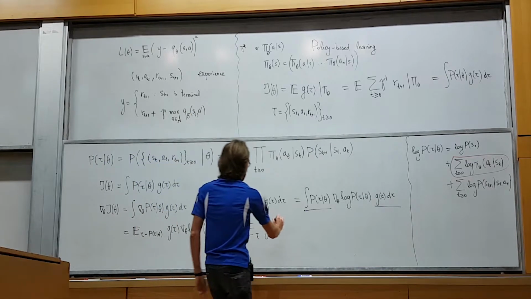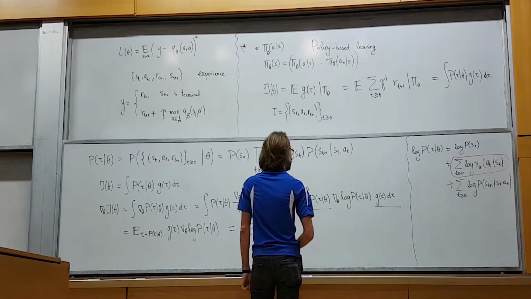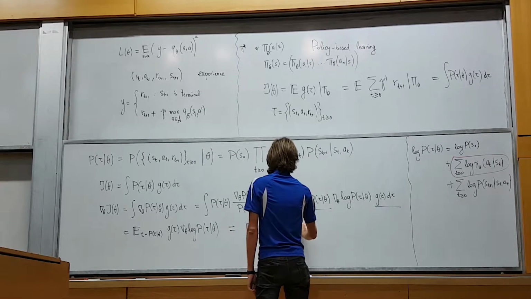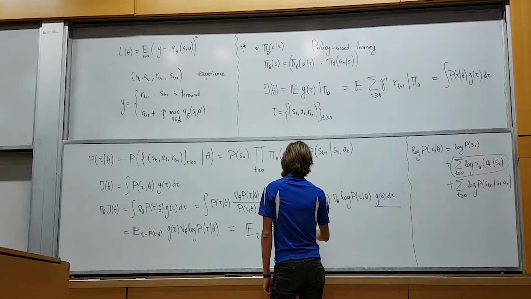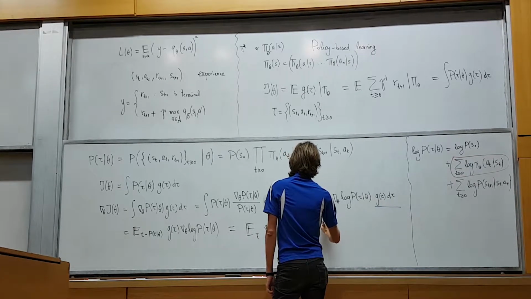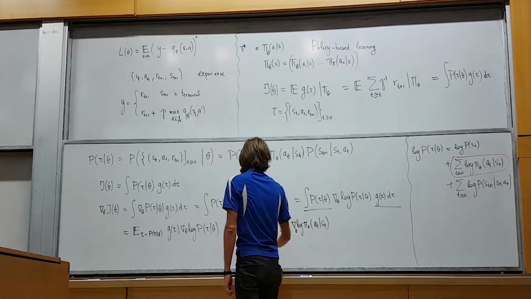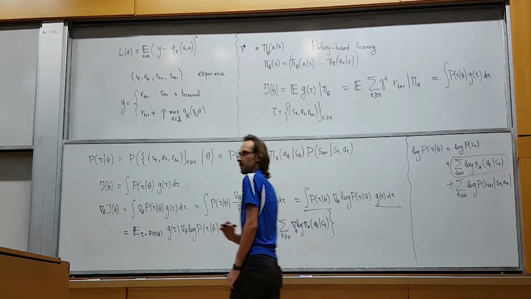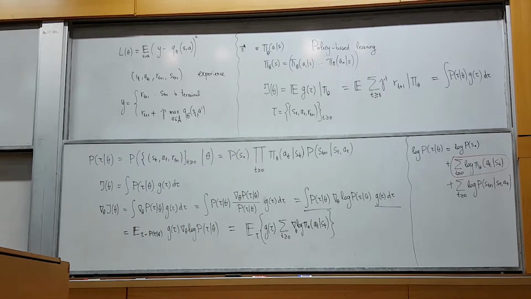The sum over t greater or equal than 0 of the gradient of log pi theta a t given s t. Okay? This already seems like a tractable expression, right?